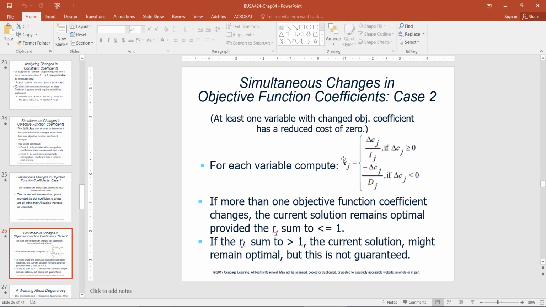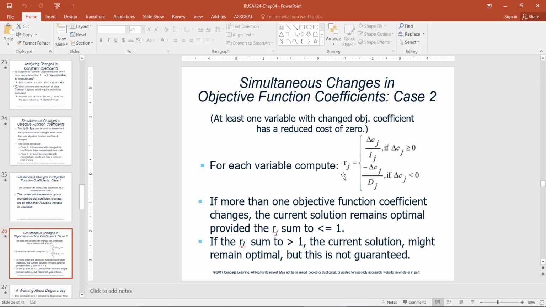If the Rj is less than 1, that means the value of the optimal solution that we are going to get will stay the same. So that's guaranteed. Whenever we change multiple coefficients, we just need to get Rj of each of the parameters based on this equation. If we are increasing, I have to divide the change in Cj over Ij, or if we are decreasing the Cj, we have to take minus delta Cj over Dj, and add them up.